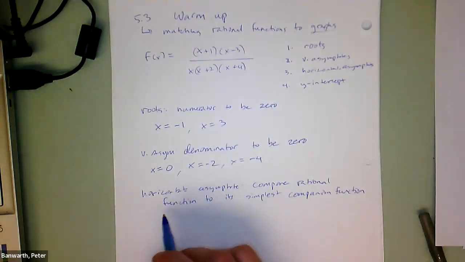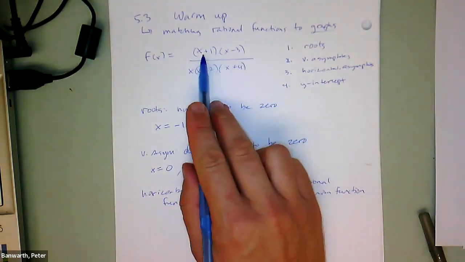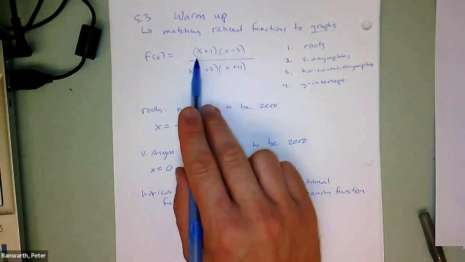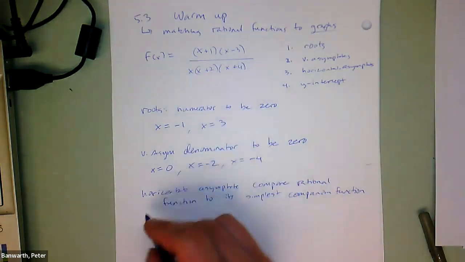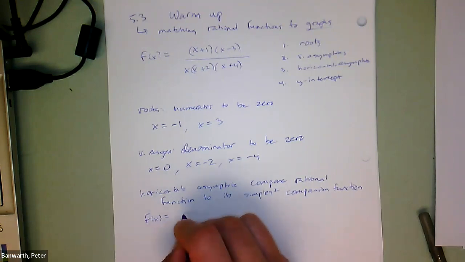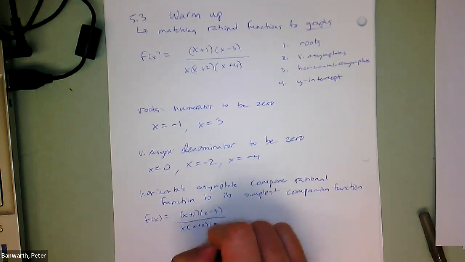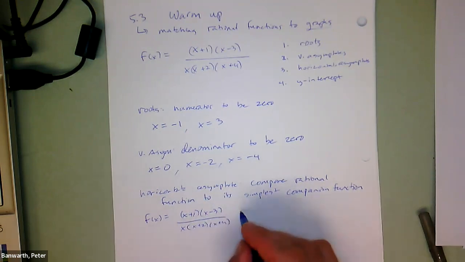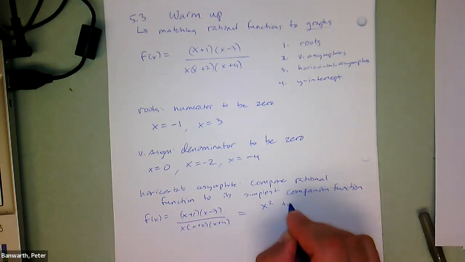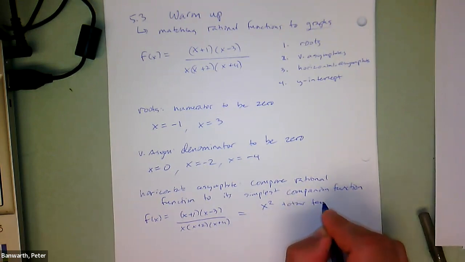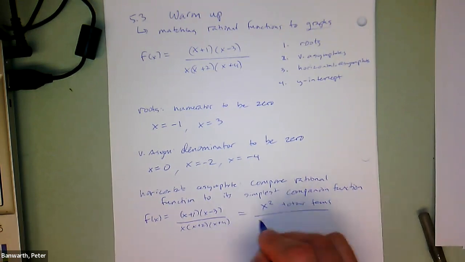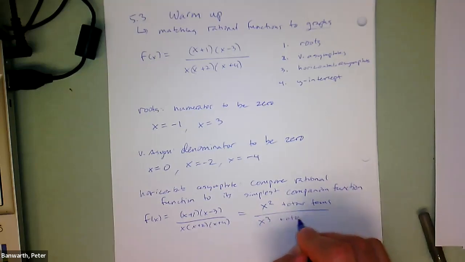What I mean by that is if we have a rational function, we say, what is it most like? Well, if I look at f of x, I'll write it again. If I were to multiply this out, it'd be x squared plus other terms on top, and it would be x cubed plus other terms on the bottom.